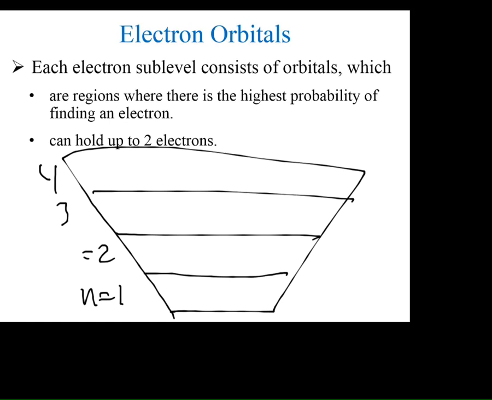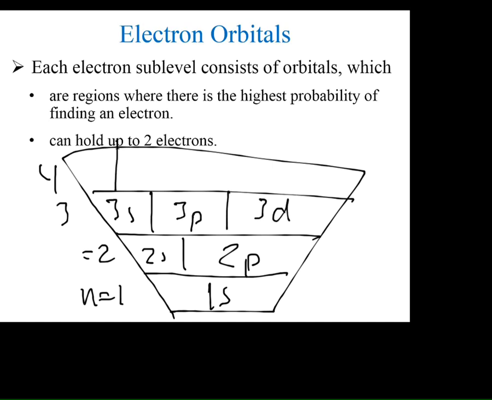So that's your sublevel. It only has apartment 1S. Second floor has 2 apartments, 2S and 2P. Third has 3S, 3P, and 3D, and fourth has 4 apartments: 4S, 4P, 4D, and 4F.